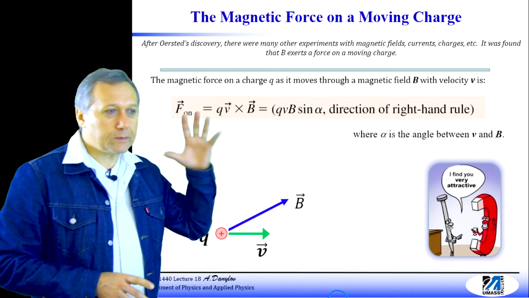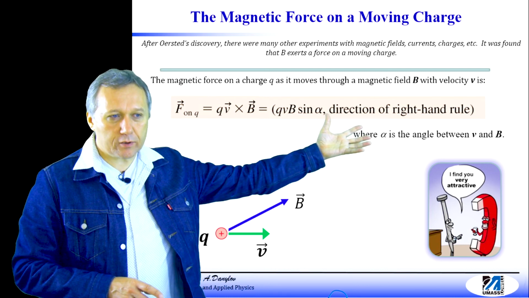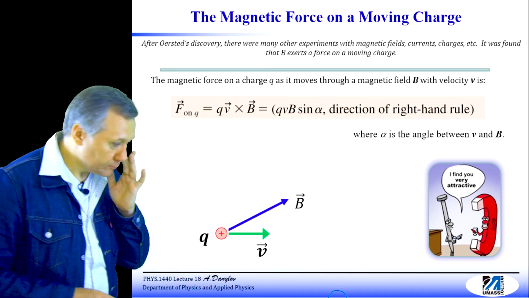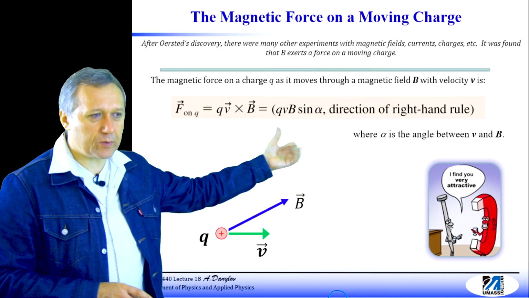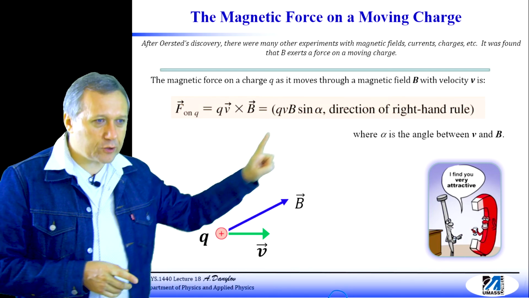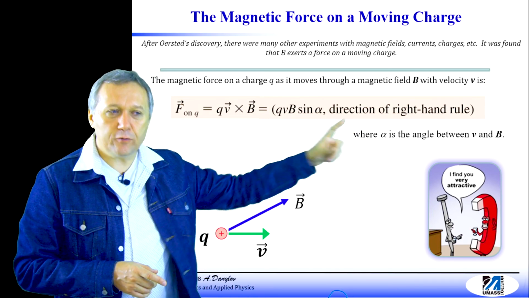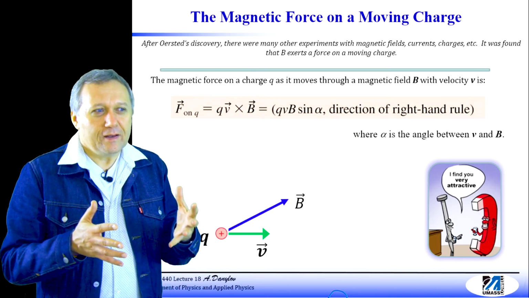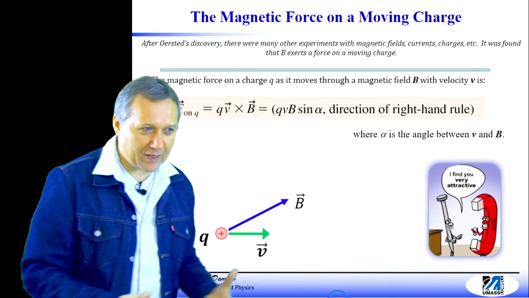Here it's written that direction can be found using the right-hand rule. I just copied and pasted that from the book, but it's not completely correct. It's actually not just one step to find the correct direction of the force. I usually call it 1.5 steps.